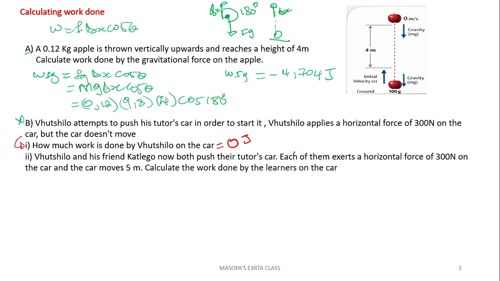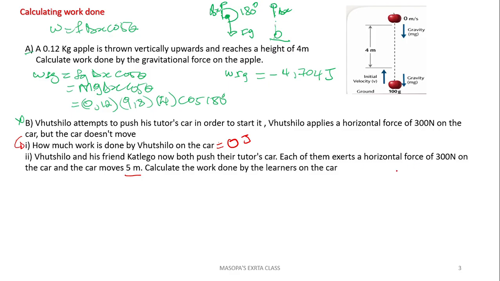Okay. So now, what if he and his friend are now able to push the car? Meaning that each of them exerts a force of 300 newtons, and that car moves and covers 50 meters. Now we must calculate the work done by them on the car.